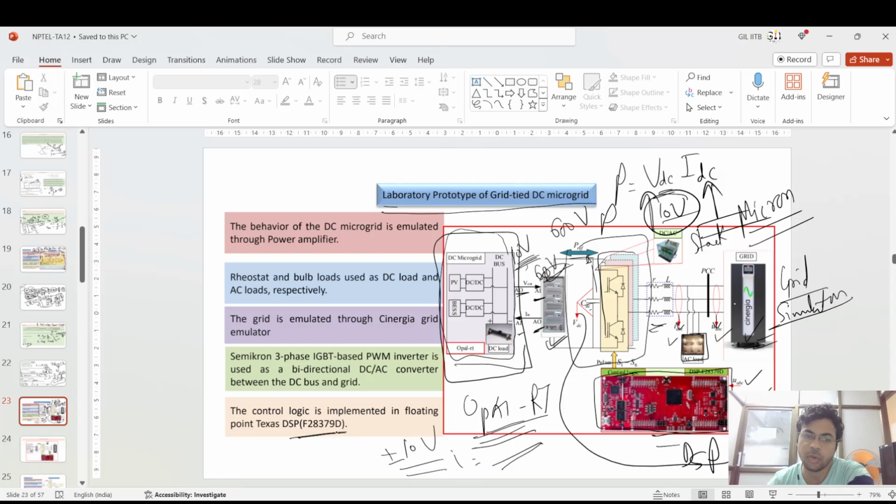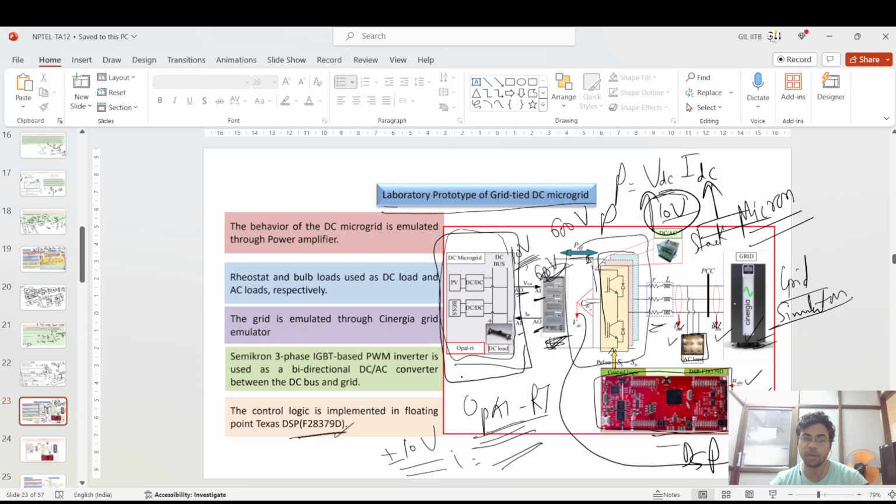Generally, we use the F2839D, which is a low cost DSP controller. Then it gives the logic to the actual AC to DC to AC converter stack. So this is the whole laboratory setup for the prototype of the grid-tied DC microgrid.